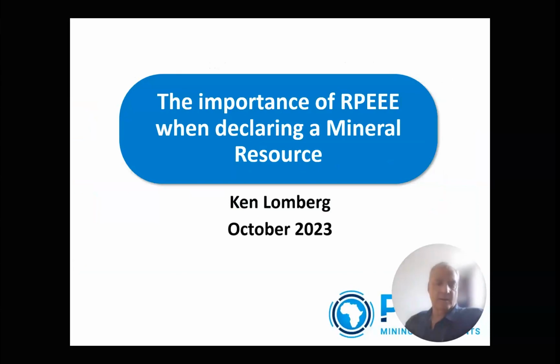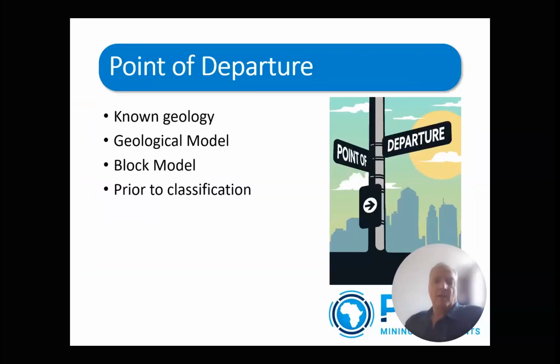Good morning. I'm going to talk about the importance of the reasonable prospects of eventual economic extraction when declaring a mineral resource. And obviously we call that RPEE. So that's what I'm going to be looking at today. The point of departure is not to try and go through all the estimation parameters and all that.